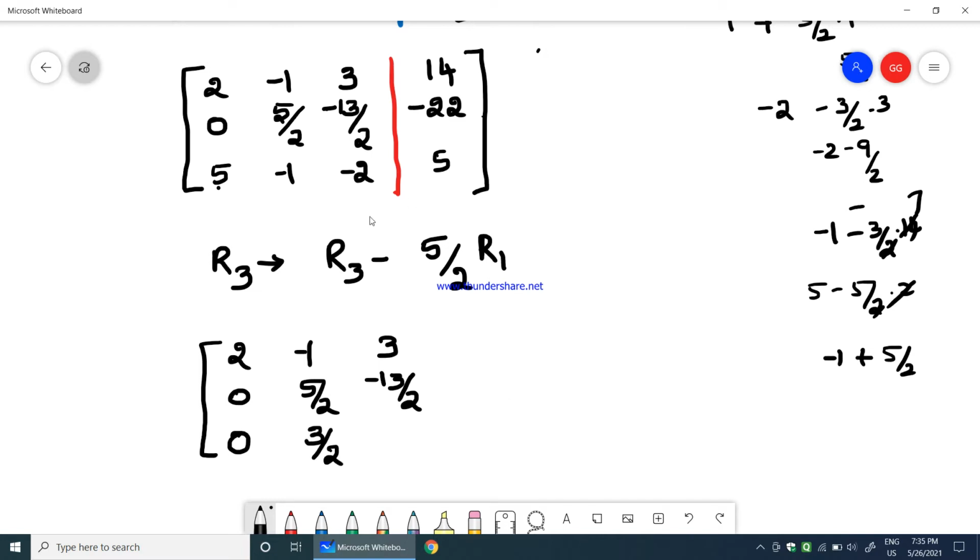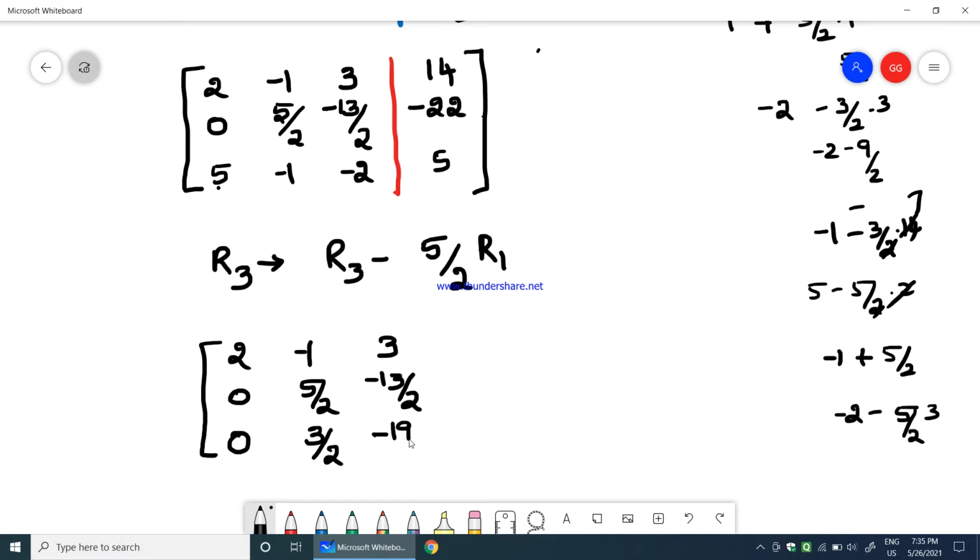Then minus 2 minus 5 by 2 times 3. 5 3s are 15, 2 2s are 4, so minus 4 minus 15 is minus 19 by 2.